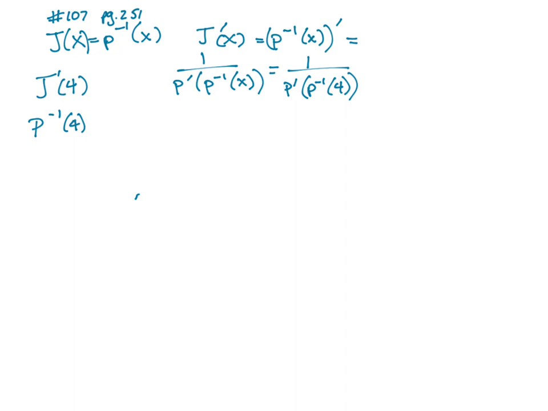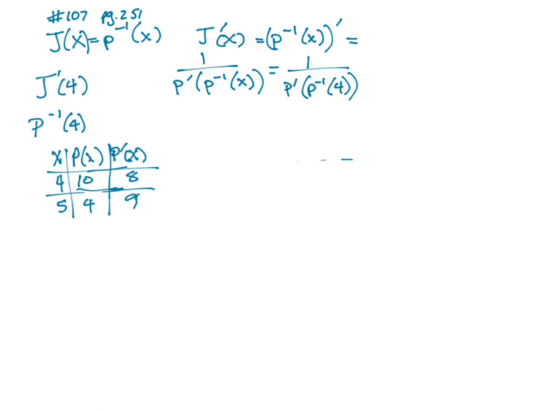On our table, we've got x is 4 and 5, and P of x is 10, 4, 8, and 9. Okay, the question is, what's P inverse of 4?